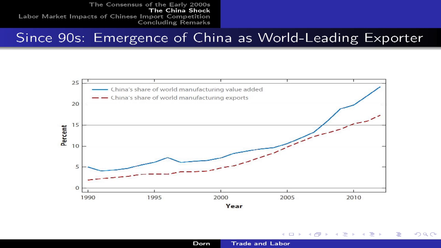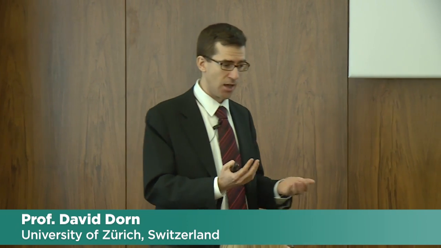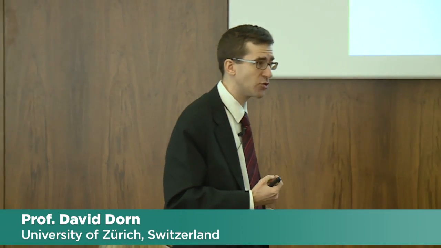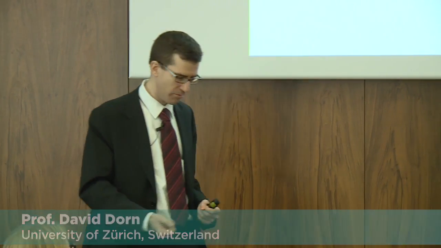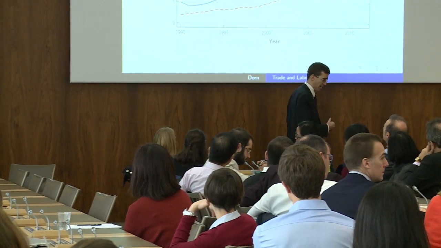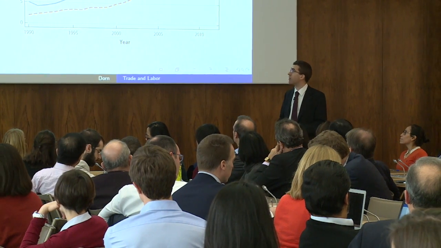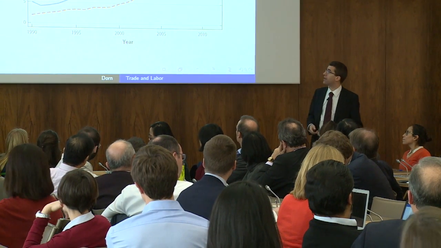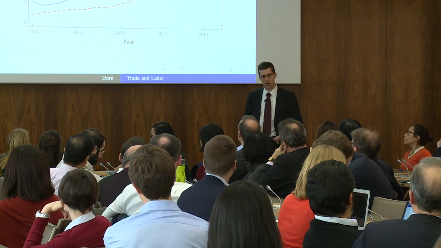That new development was that the most populous country in the world, China, had opened itself to international trade and was very rapidly becoming a very successful exporter of manufactured goods, leading its share of world manufacturing exports to grow very rapidly since the early 1990s.